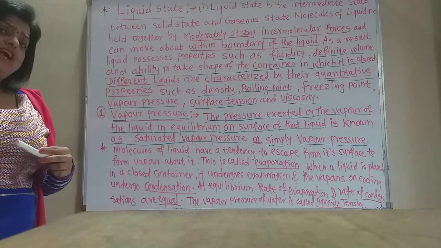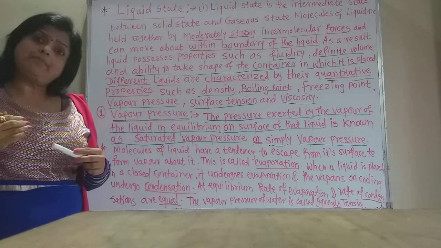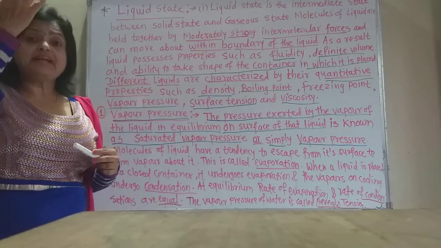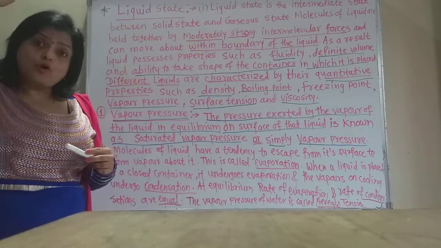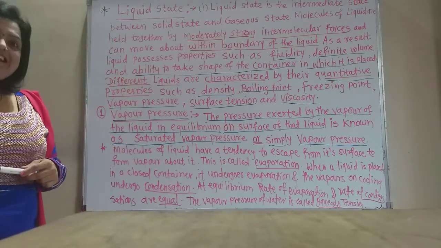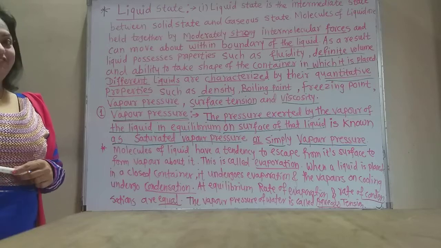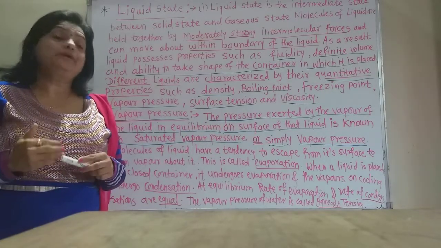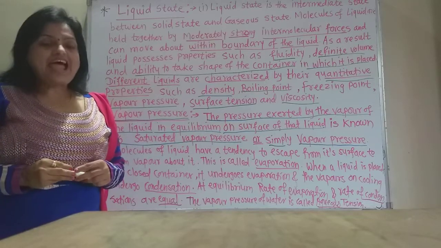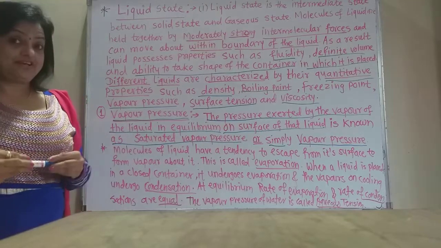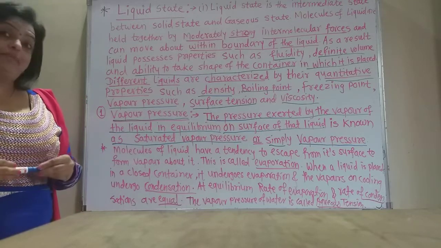But at one time, at equilibrium, what happens? The exact same number of molecules that go into the vapor condense again into the liquid. At that time, there is equilibrium. The rate of evaporation and rate of condensation become equal, and the pressure at that time is the vapor pressure.